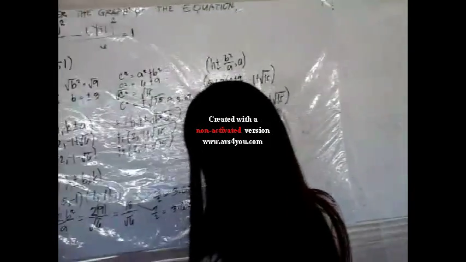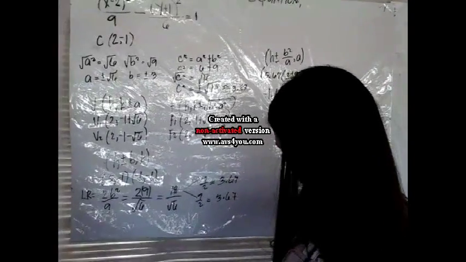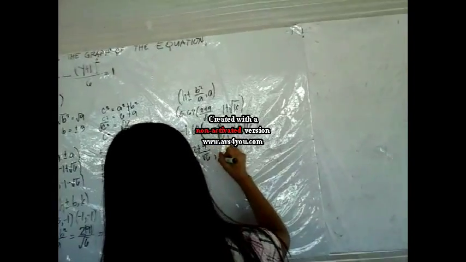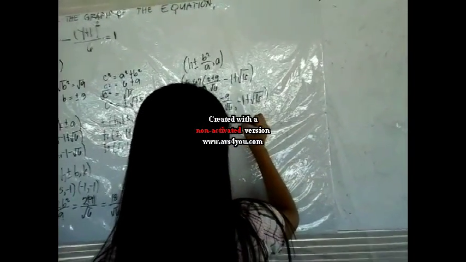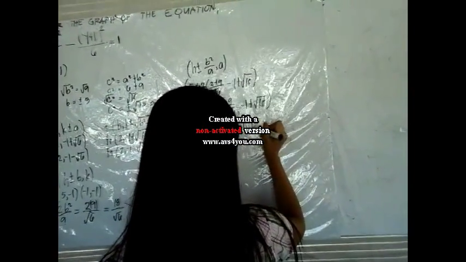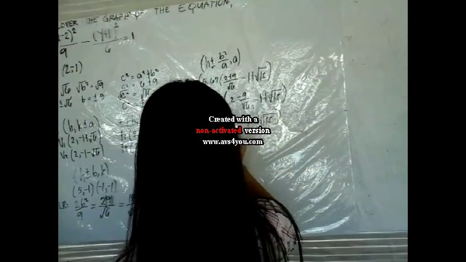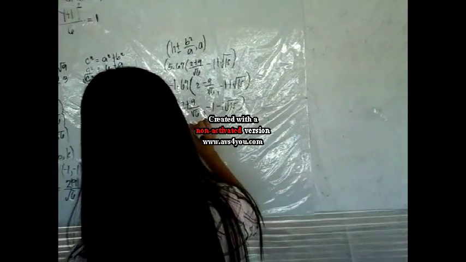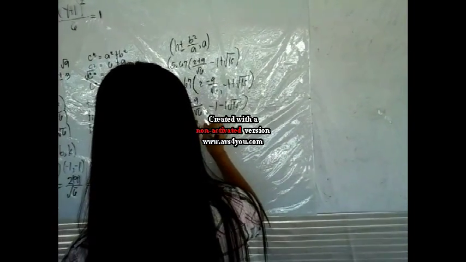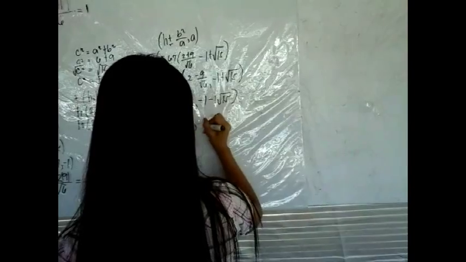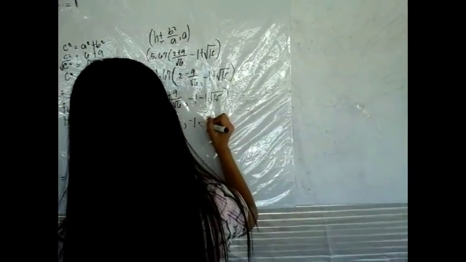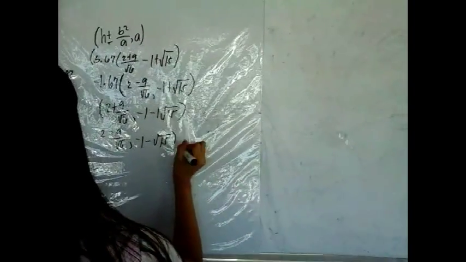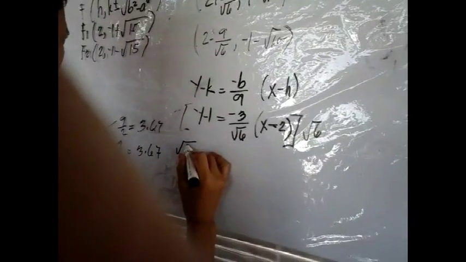And 2 minus 9 over square root of 6, which is negative 1.67, and negative 1 plus square root of 15. So we have our quadrant 4: 2 minus 9 over square root of 6 and negative 1 minus square root of 15.